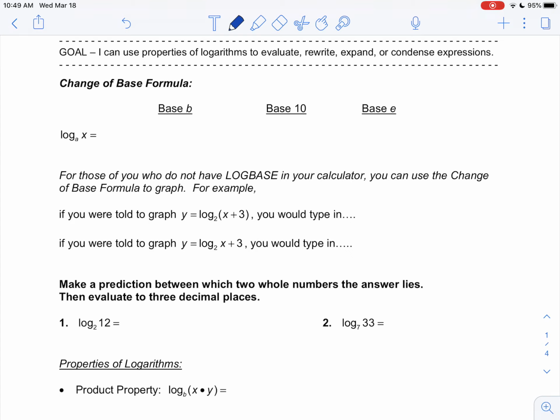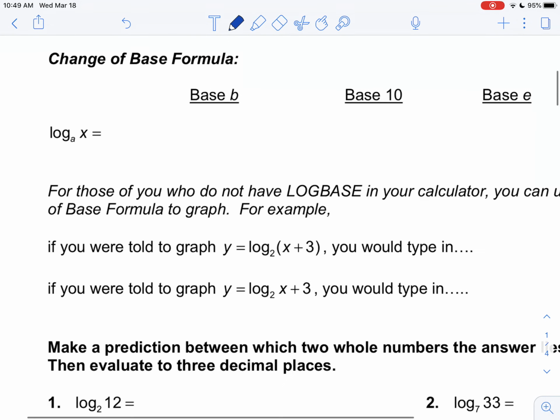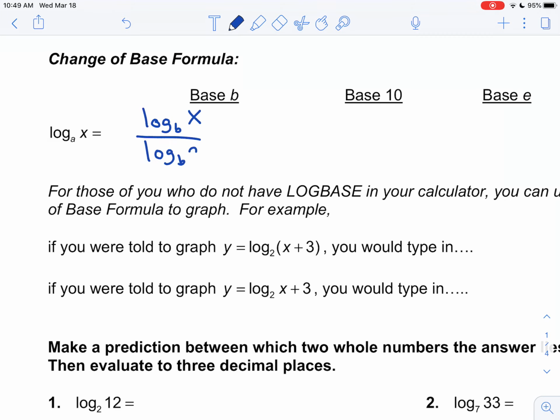There are different ways that we can rewrite a logarithm. The first one, you're not going to use it, but it's true, and it leads us to the next two: you could pick any base that you want, and we can rewrite a log using the log base b of x divided by the log base b of a. But that's not very useful because our calculator does not have a button for that.